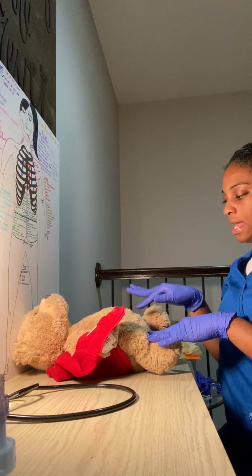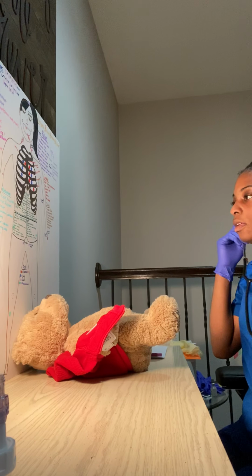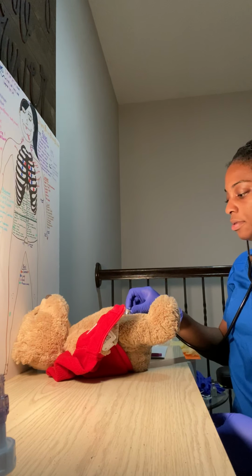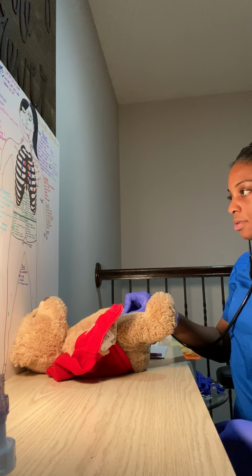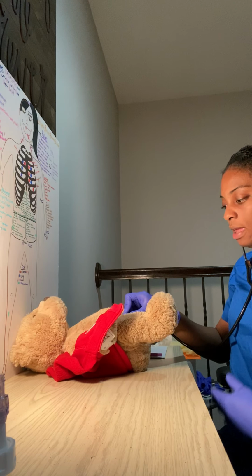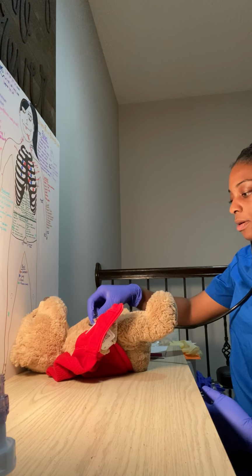So I'm going to go ahead and auscultate, and I'm going to start in the right lower quadrant. I would listen for 1 minute, but if I did not hear any bowel sounds, I would listen for up to 5 minutes. I'm going to go up here.